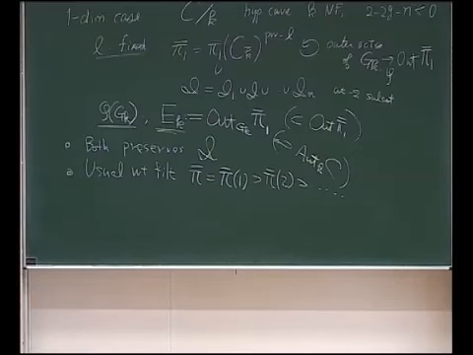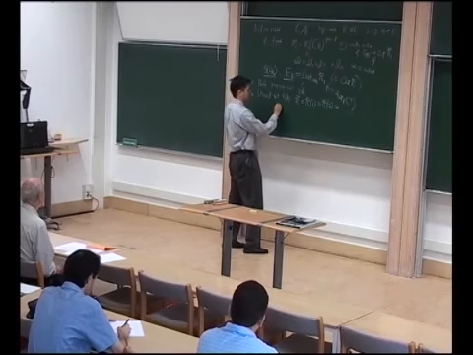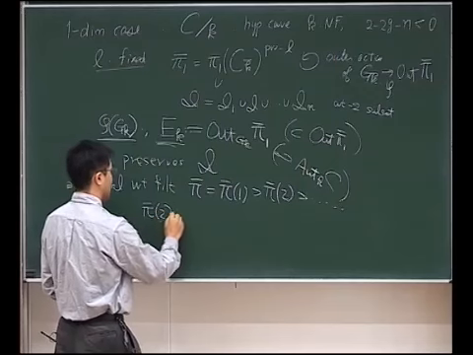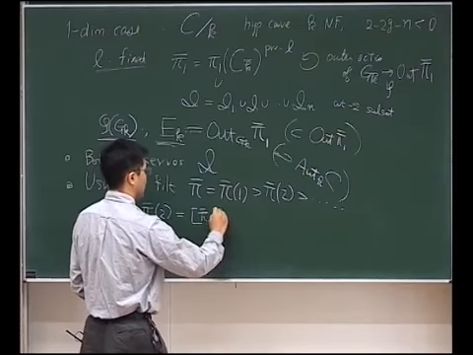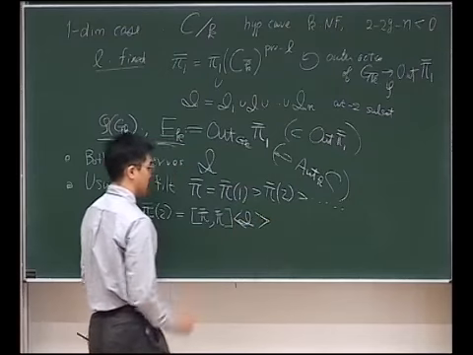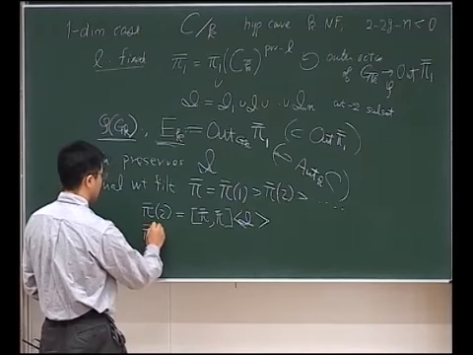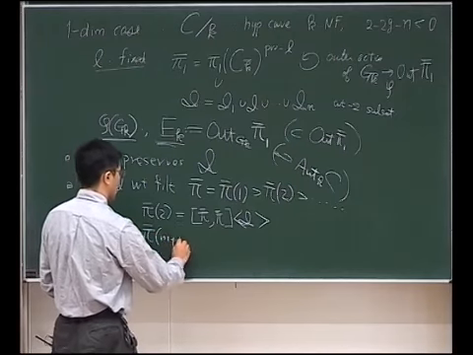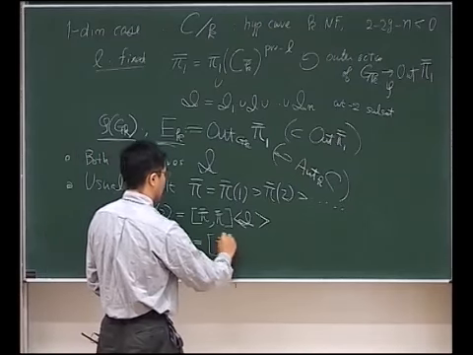This is a descending central series, but we now have punctures, so it needs to be modified a little from the lower central filtration: pi bar 2 must be the commutator subgroup plus the subgroup generated by the inertia subset.